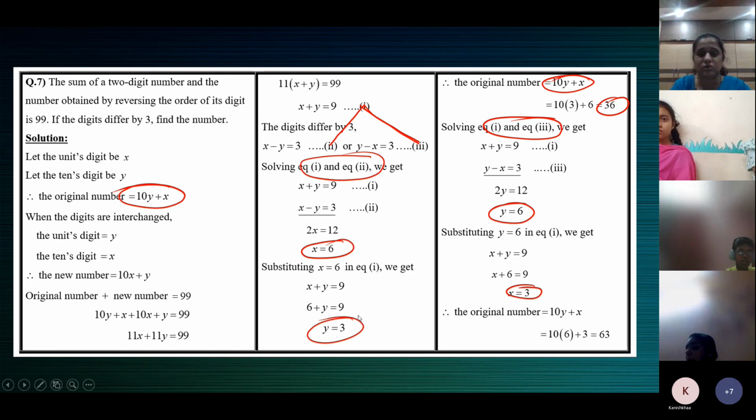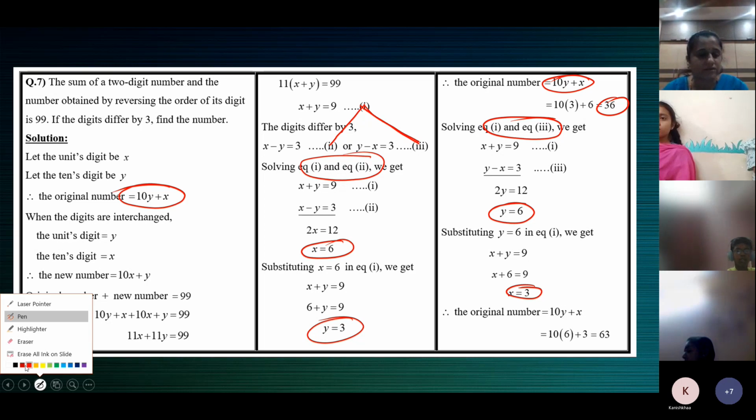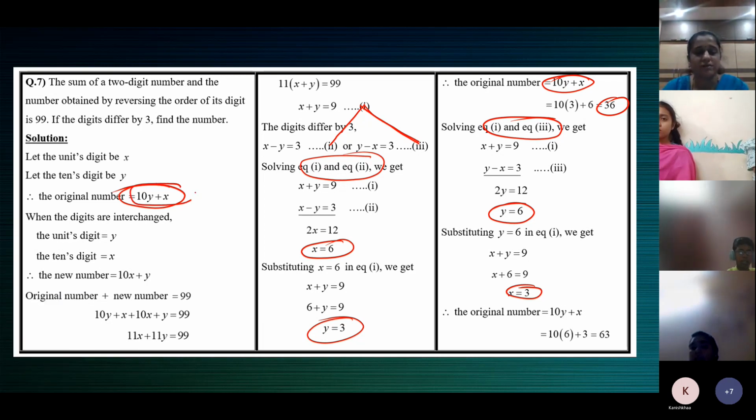You have to find the original number only in both the cases. The original number is 10y plus x, 10 into 6 plus 3, 63. So the number is either 36 or 63.